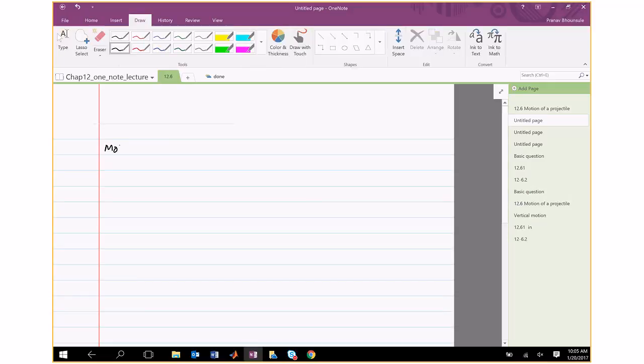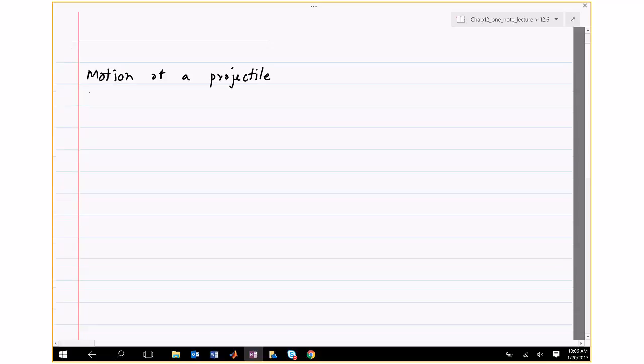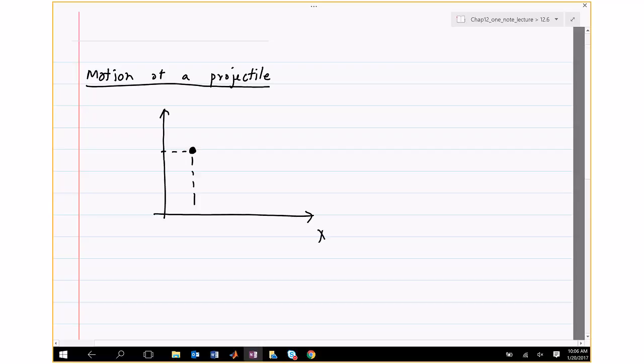Motion of a projectile. So I'm drawing the XY axis.